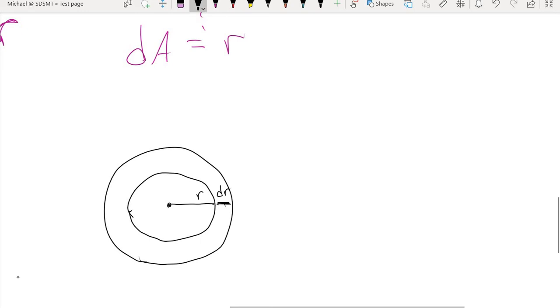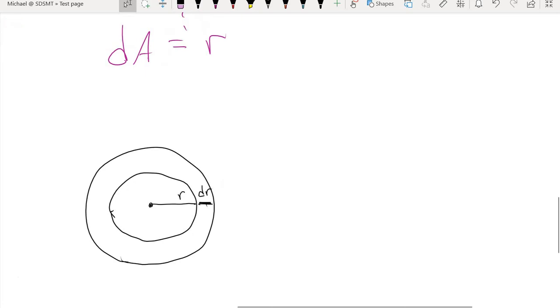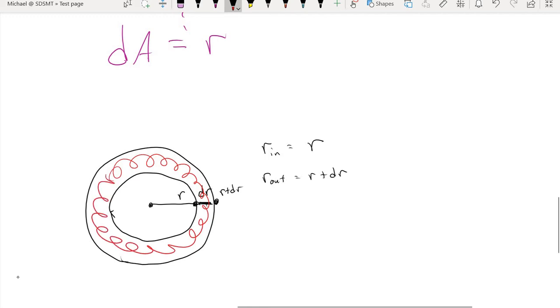So any given ring within this disk example will have an inner radius of r and an outer radius of r plus dr. And we need to figure out how does the area of this ring segment relate to the inner and outer radius values.